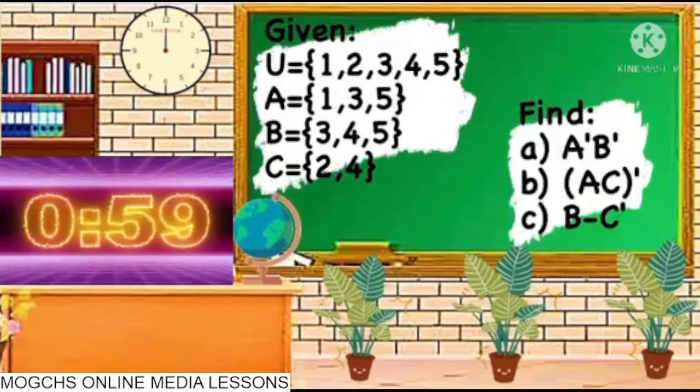For the last item, answer letter C, B minus C prime.